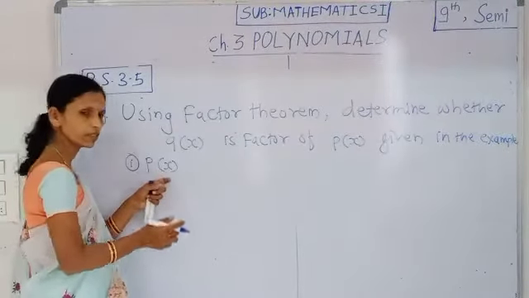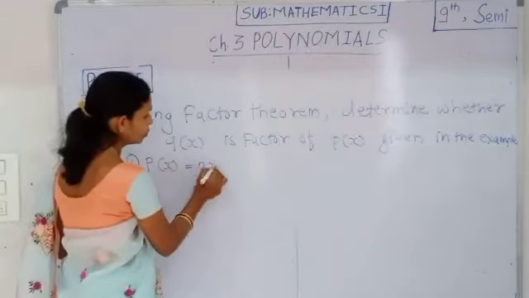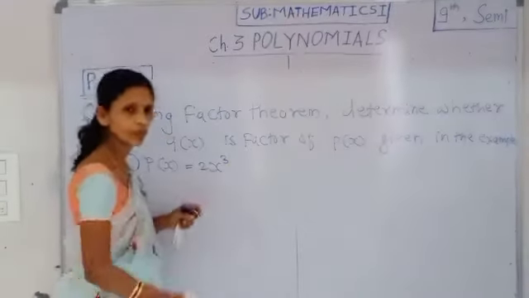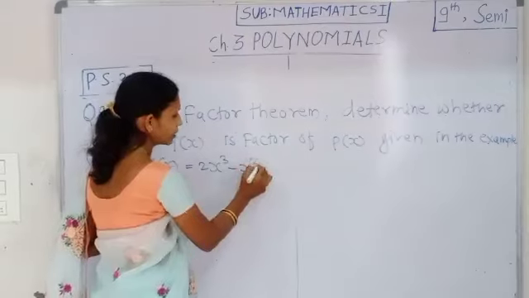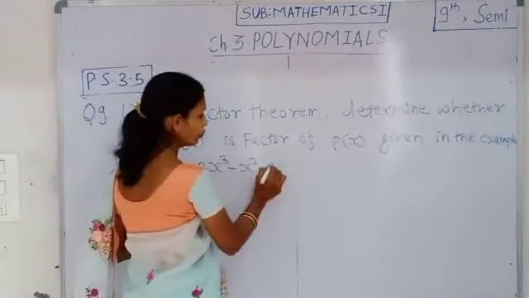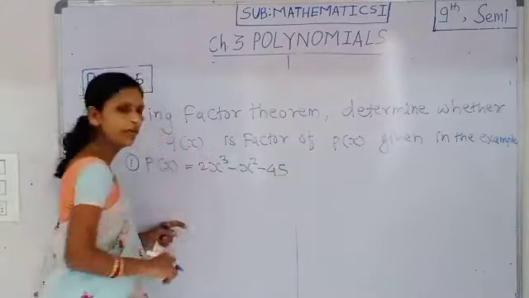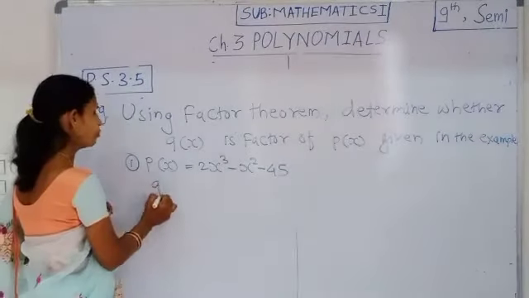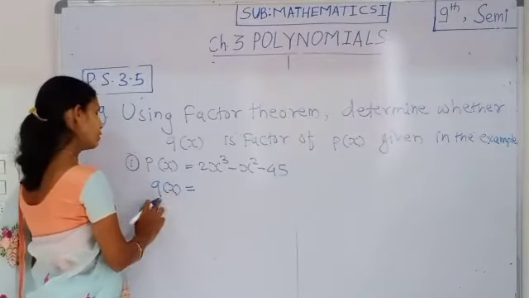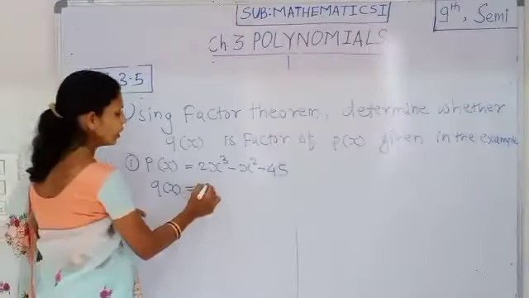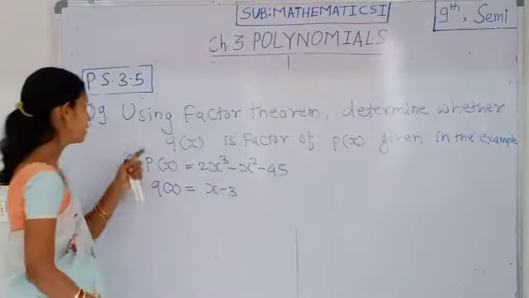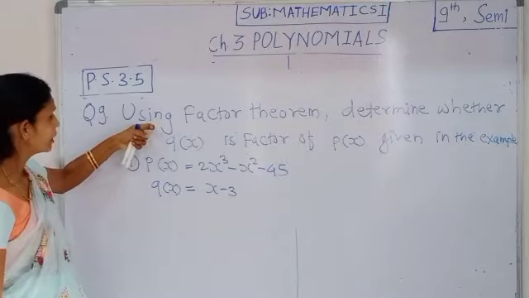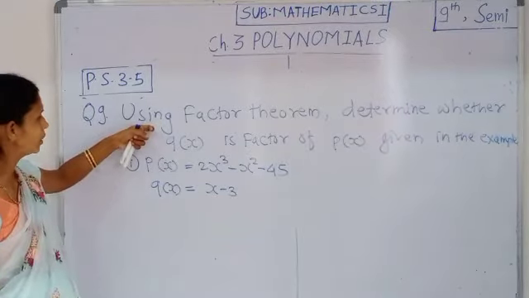That is p(x) is equal to 2x cube minus x square minus 45. And the second polynomial given is q(x) equal to x minus 3. Then read that example carefully.